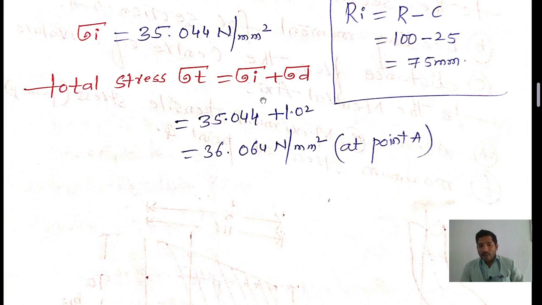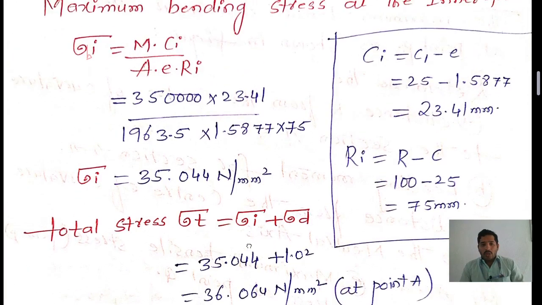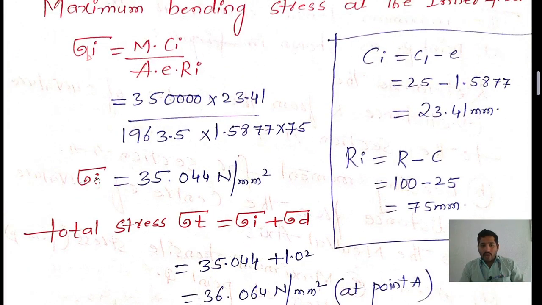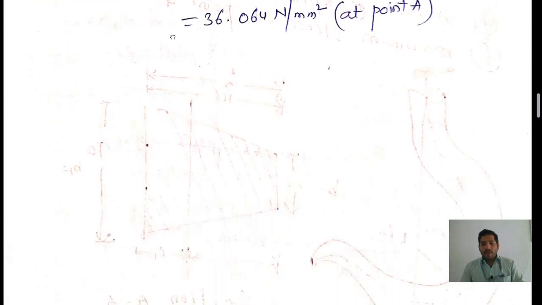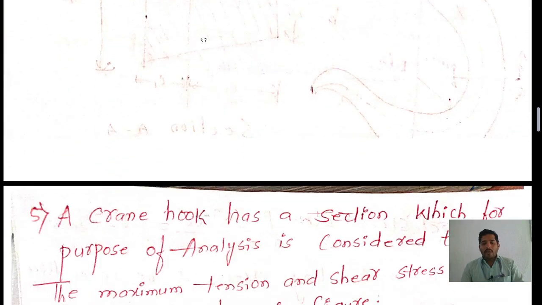Instead of sigma i you have to write sigma bi, the maximum bending stress at the inner surface, plus the direct stress. How much did we get here? 35.044 plus the direct stress value 1.02. If you add this value, then you will get the answer 36.064 Newton per mm square acting at point 1.